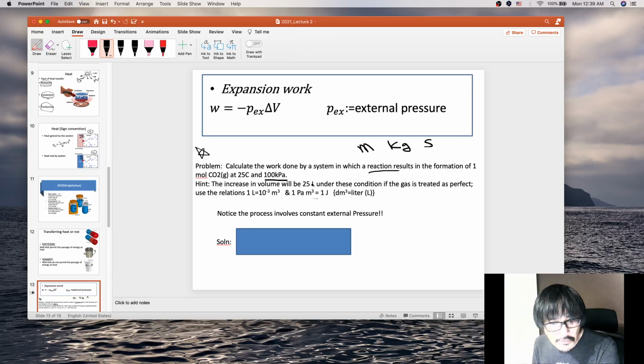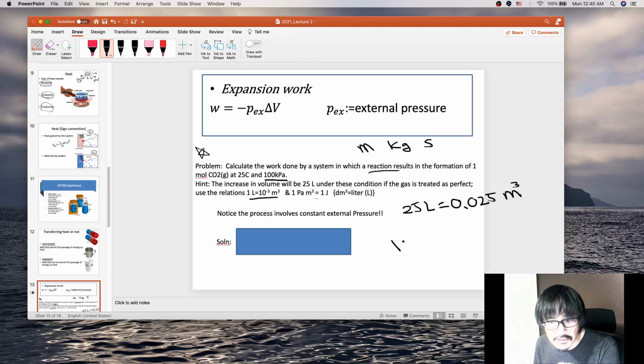So whenever we are dealing with a volume change of 25 liters, more precisely 22.4 liters, we're going to have to change that to cubic meters. So 1 liter is 0.001 cubic meter, so 25 liters is approximately 0.025 cubic meter.